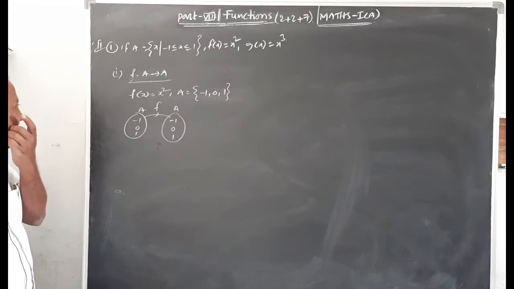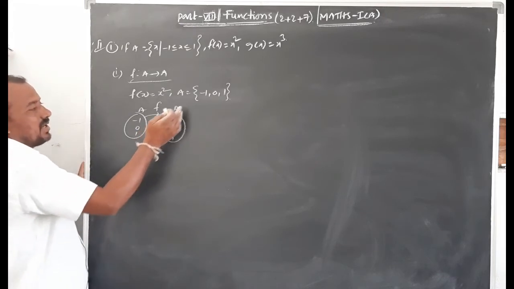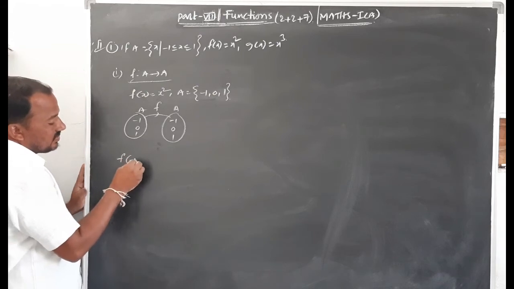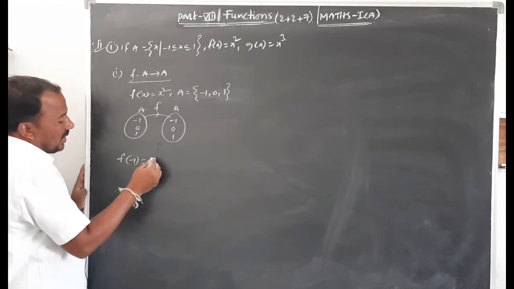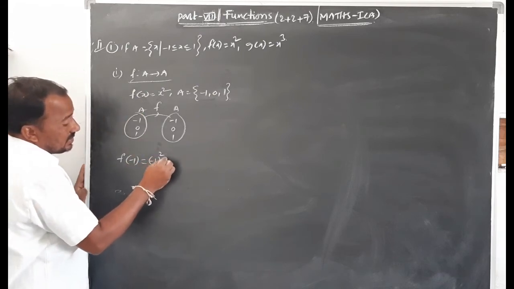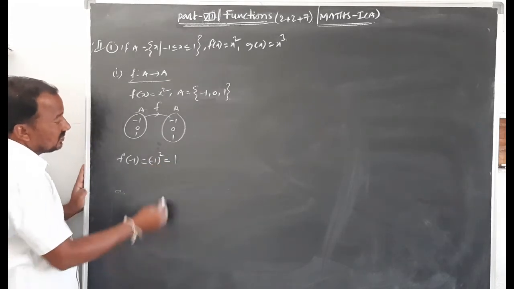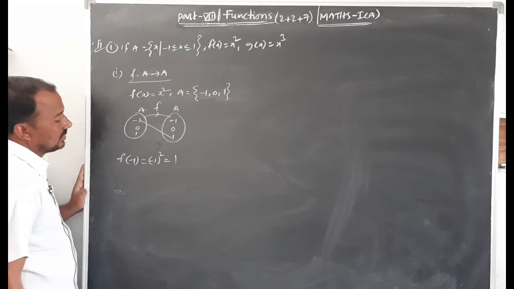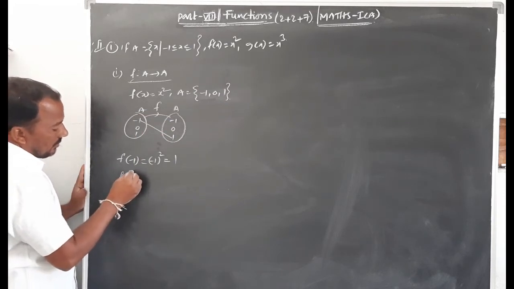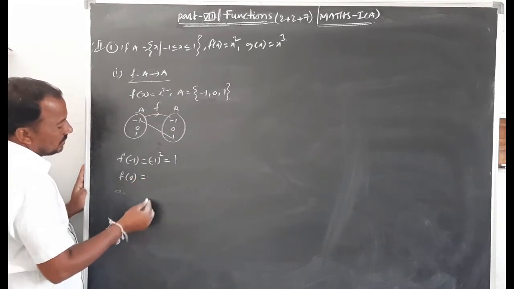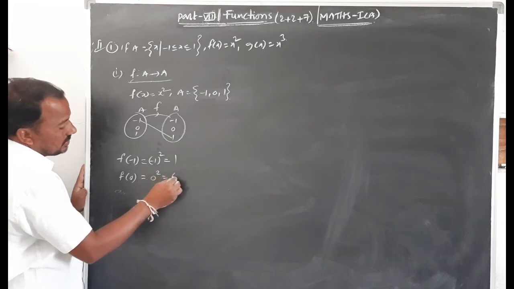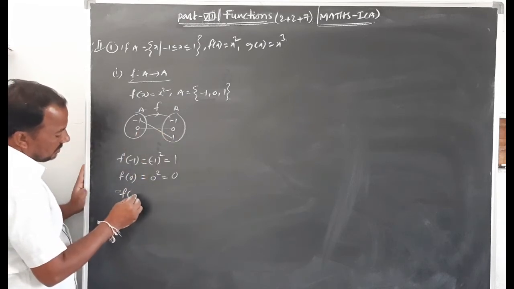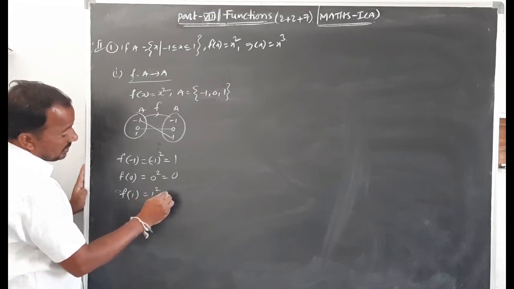First, find the images of all elements of A. F of minus 1 is minus 1 whole square, which equals 1. F of 0 equals 0 square, which equals 0. F of 1 equals 1 square, which equals 1.